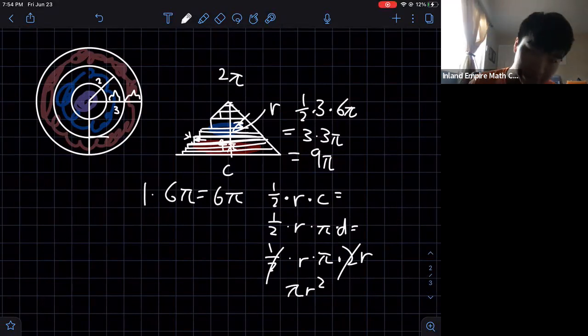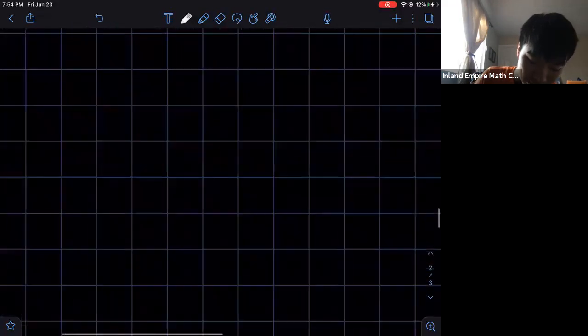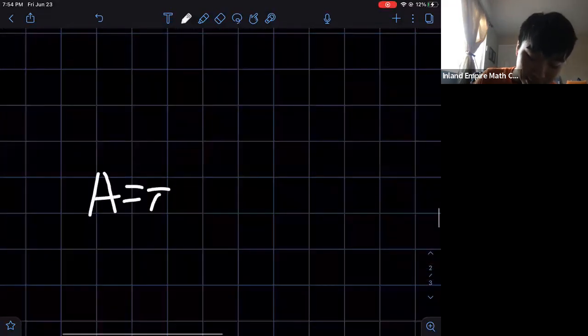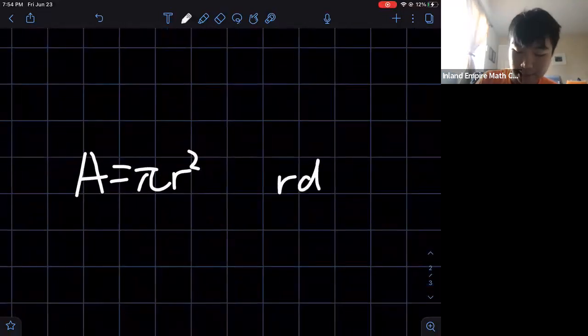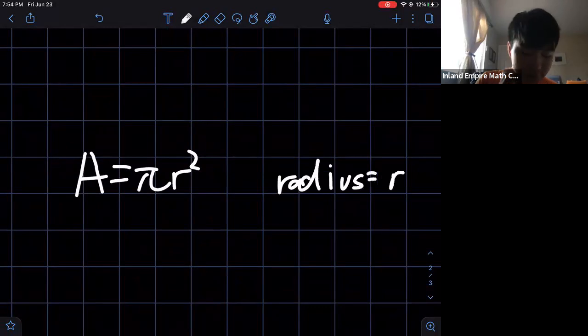But essentially the area of a circle is always going to be pi r squared, where the radius is r. So it's pi times the radius squared.